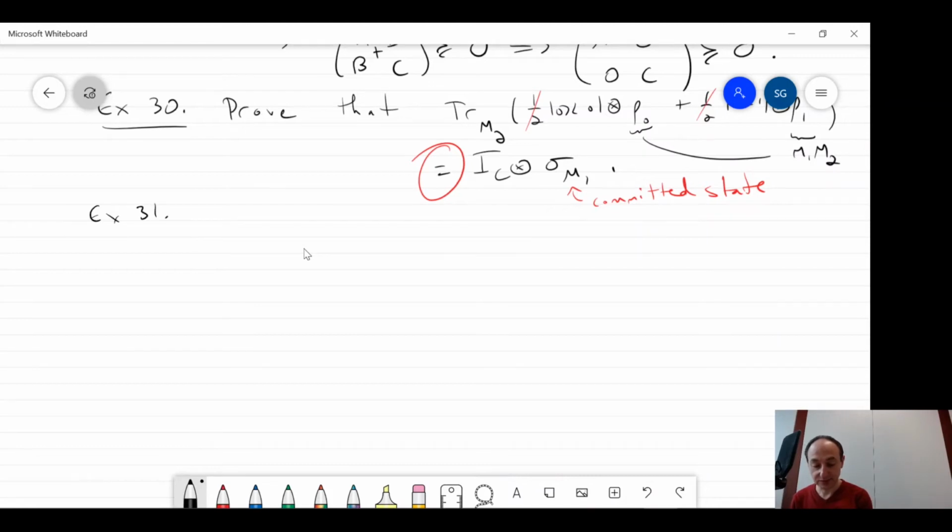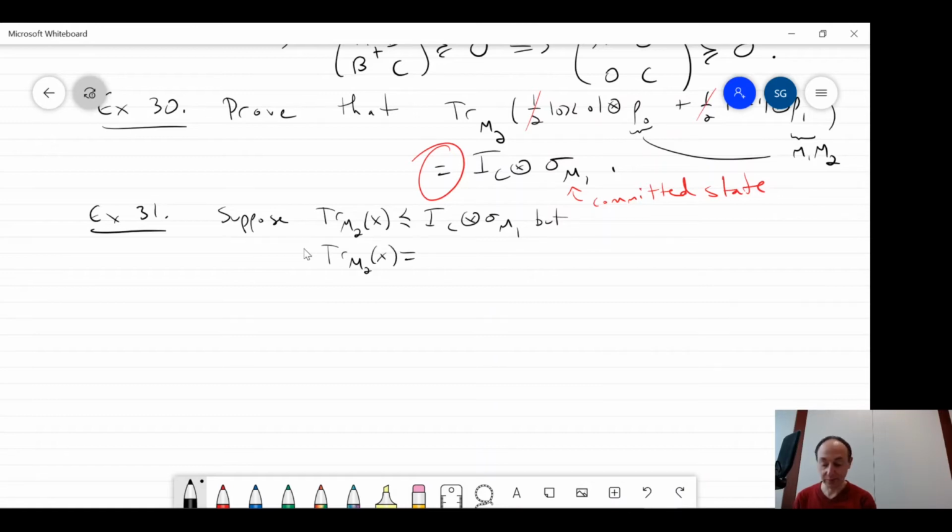Exercise 31. Suppose that whatever solution for x you gave me, this was true. It certainly satisfied the constraint, so it's feasible, but it's not equal. It doesn't hold with equality the way we would ideally like.